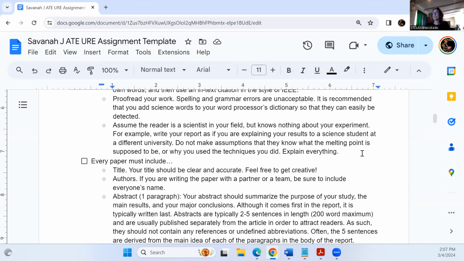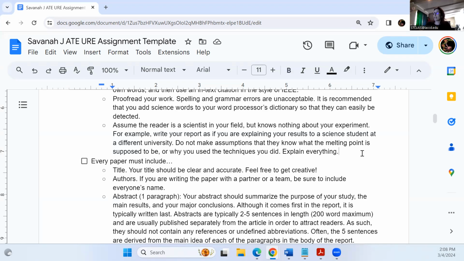Okay, and then in terms of how technical you want your writing to be, we want to avoid using jargon in the sense that it's better to explain what you mean than hiding behind big scientific words. But in this case, for the journal article, you're writing it for a scientific audience, not just the general public.